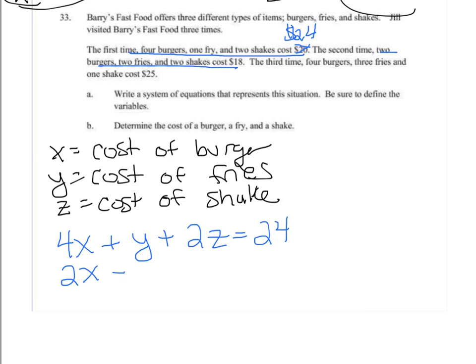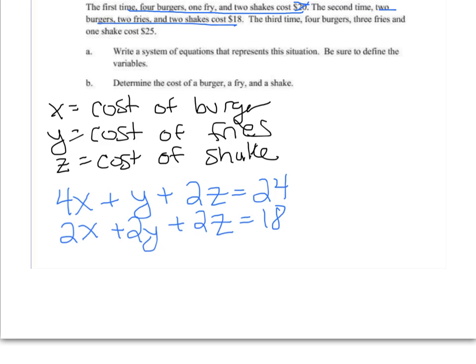2 burgers, 2 fries, 2 shakes, it's $18. And lastly, 4 burgers, 3 fries, and 1 shake is $25. So now we have our choice about which variable we want to eliminate first.